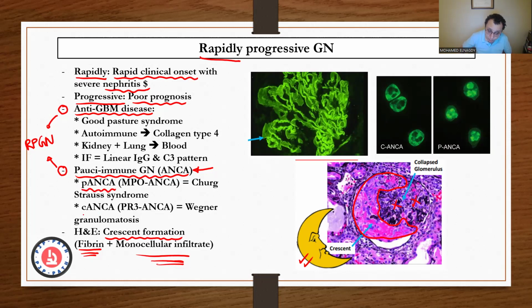One with a positive P-ANCA and one with a positive C-ANCA. P-ANCA is when you have this perinuclear immunofluorescence lighting of the neutrophil. See, it's as if it's highlighting the nucleus, right? You see that? Give me a thumbs up if you see it.